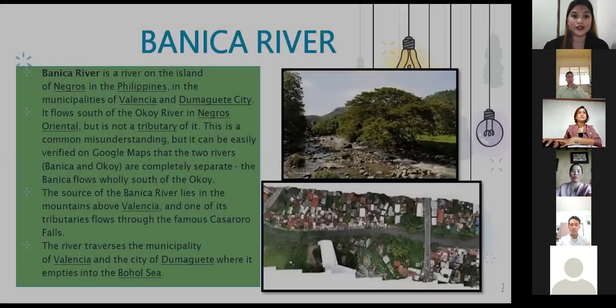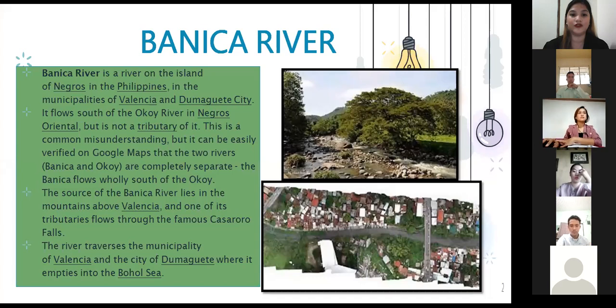The river traverses the municipality of Valencia and the city of Dumaguete, where it empties into the Bohol Sea. It is also very well known to us that whenever there is heavy rain in Valencia, there comes a heavy flood in the Banica River, especially at the back of Foundation University. That's why we chose the Banica River itself.